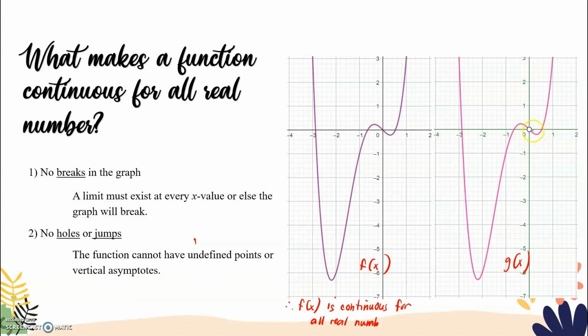So meaning to say g of x is discontinuous at x equals 0. So g of x is not continuous for all real numbers.